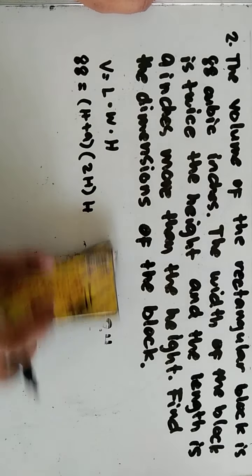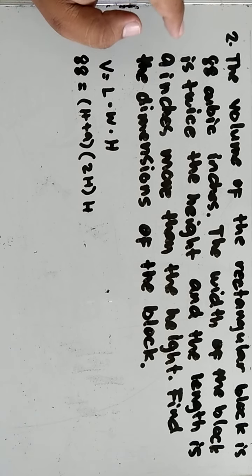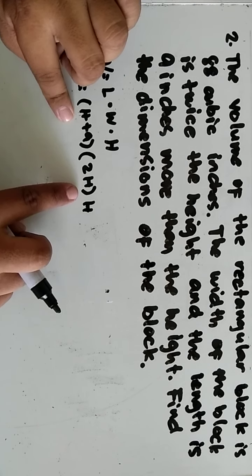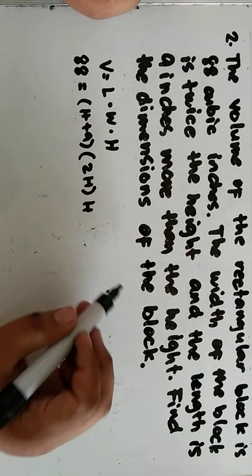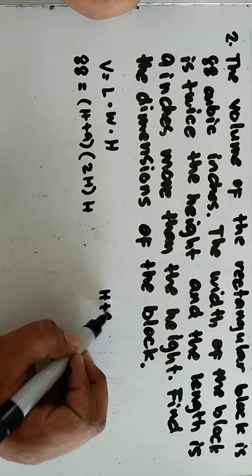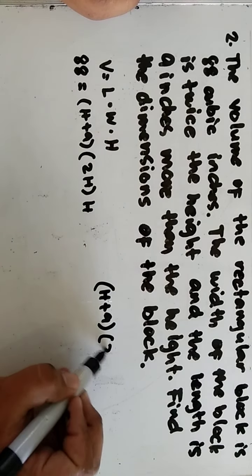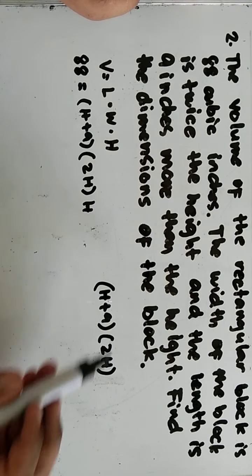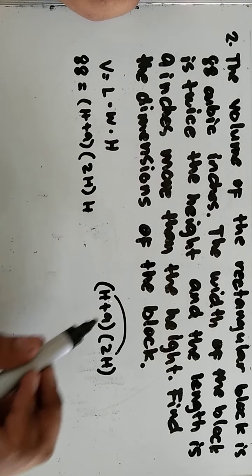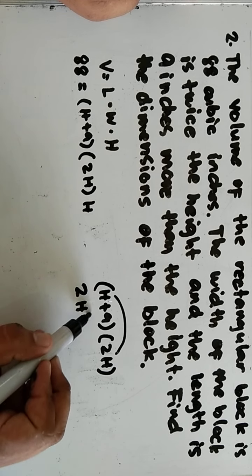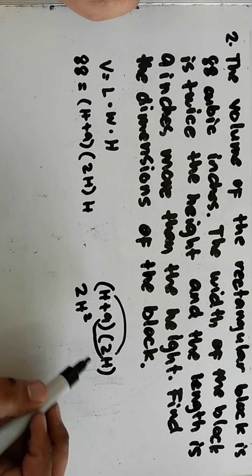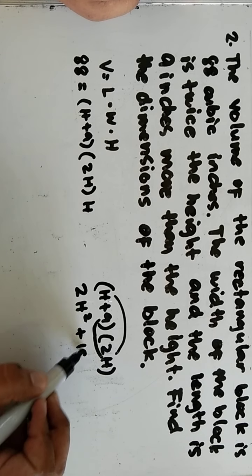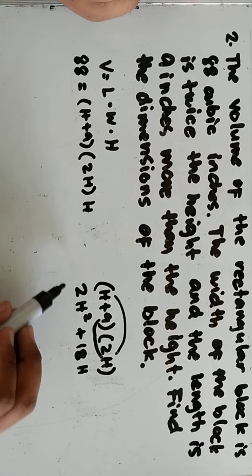Okay. So, dahil meron na tayo niyan, i-multiply na natin itong tatlo para makuha natin yung polynomial niya. So, meron tayong H plus 9 times 2H. So, H times 2H, that is 2H raised to 2. Tapos, 9 times 2H, that is plus 18H. Diba?